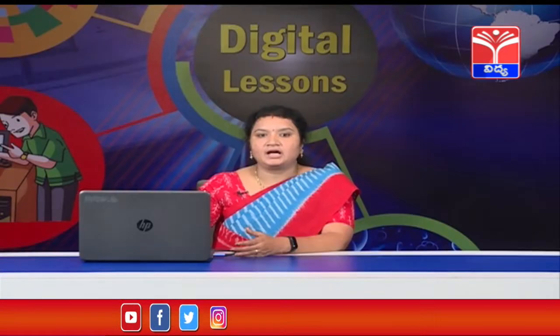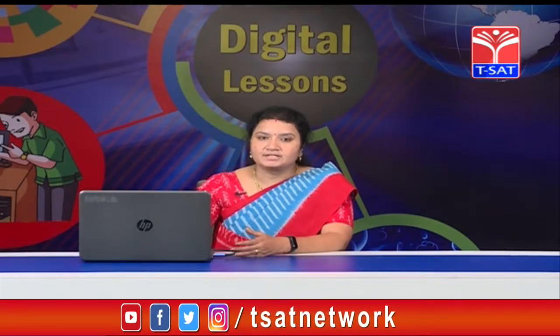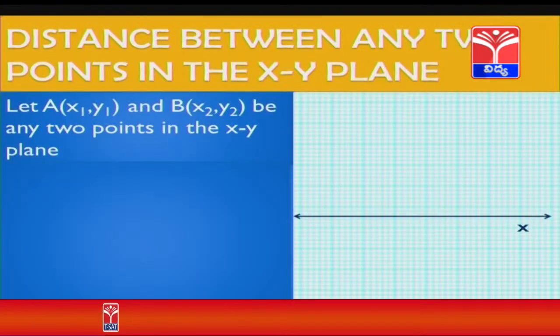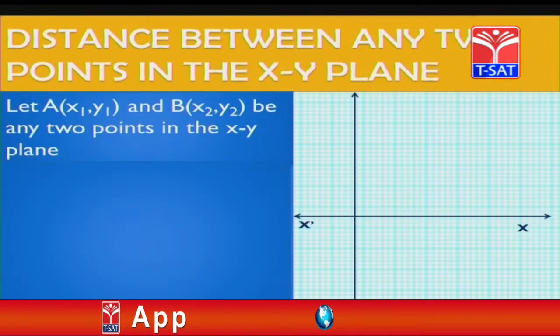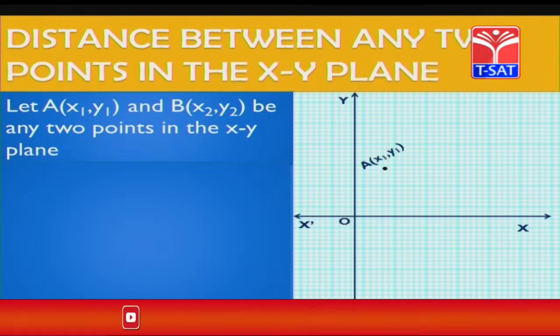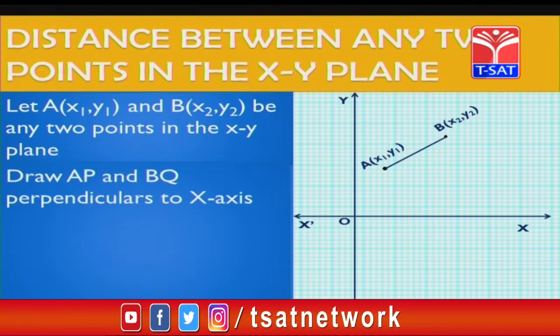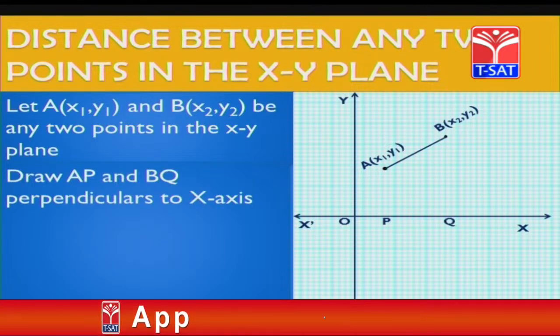Now, let us learn how to find the distance between 2 points in the xy plane. So, let us first draw the x axis, y axis and the intersecting point, the origin. Let A (x1, y1) and B (x2, y2) be any 2 points in the xy plane. Draw AP and BQ perpendiculars to the x axis, just like how we did in the previous case.